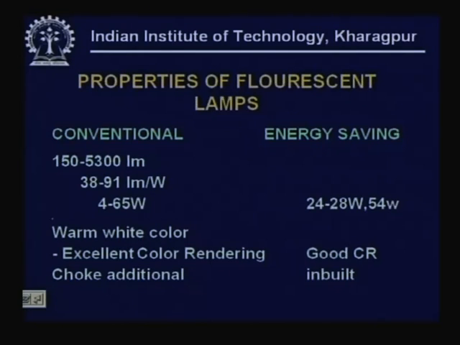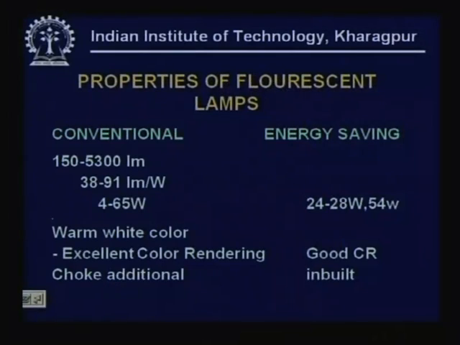In fact, one way of achieving this has been to go in for smaller diameter tubes with more efficient phosphors and better filament electrodes. They also give similar levels of light flux, with similar efficacies, but consuming less.